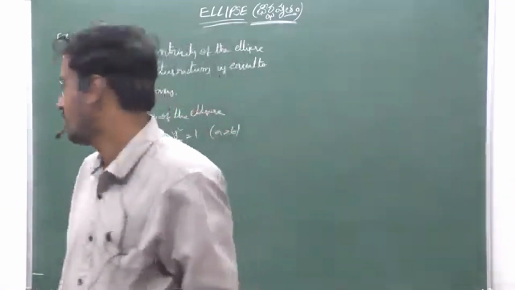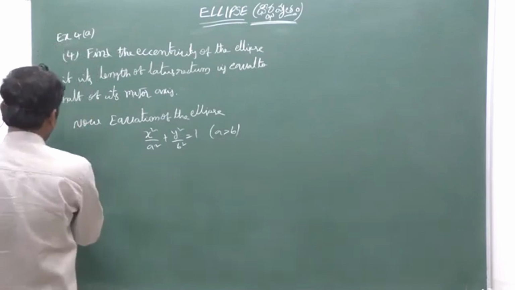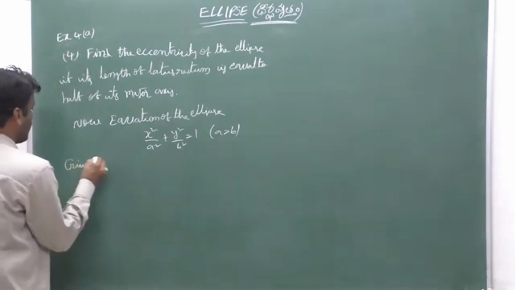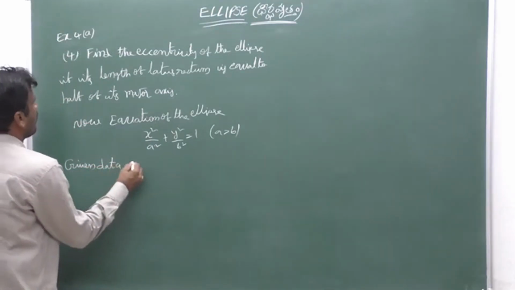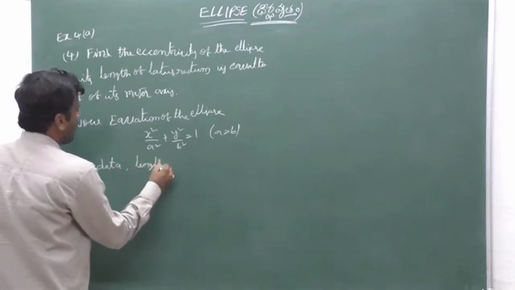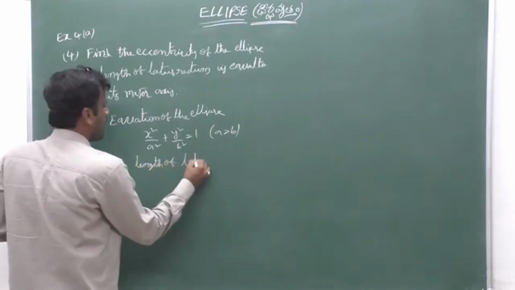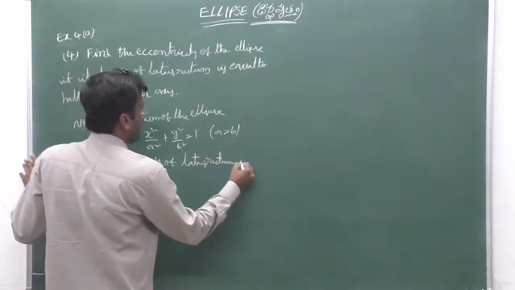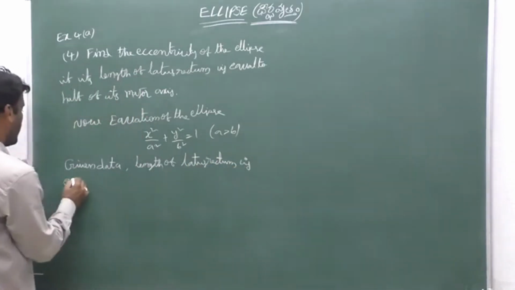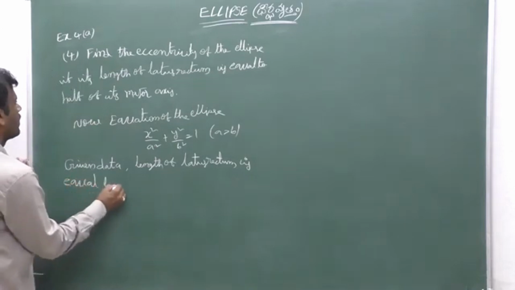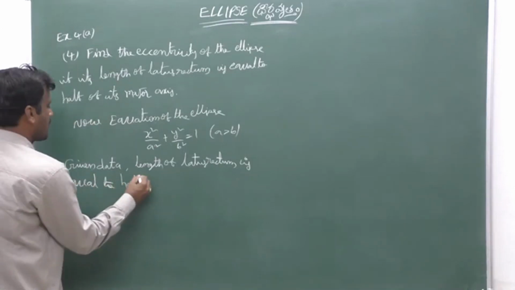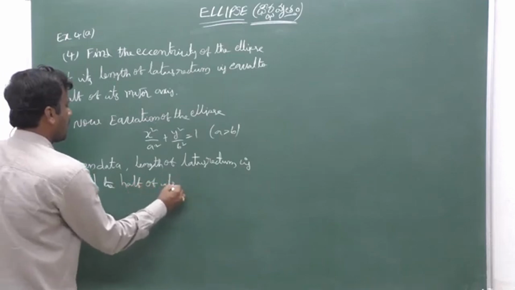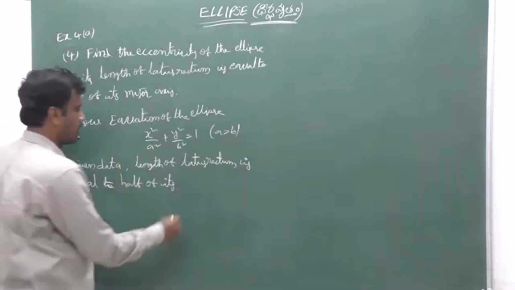Given data: length of latus rectum is equal to half of its major axis.